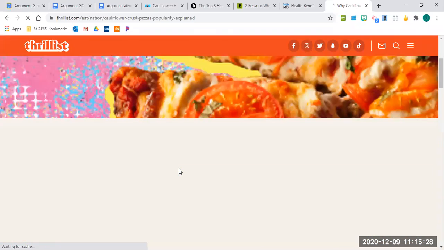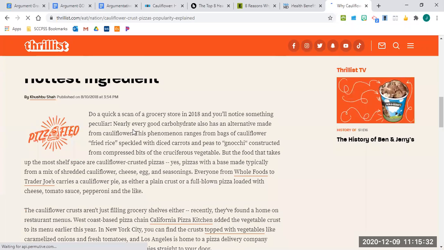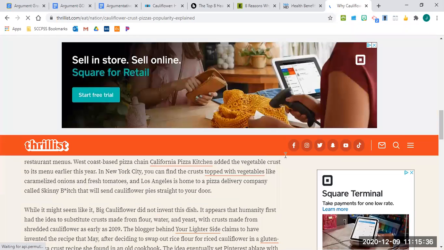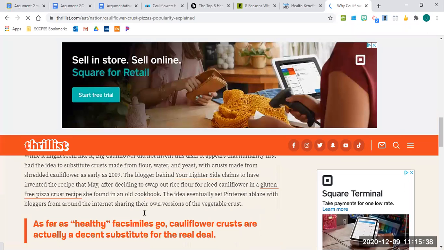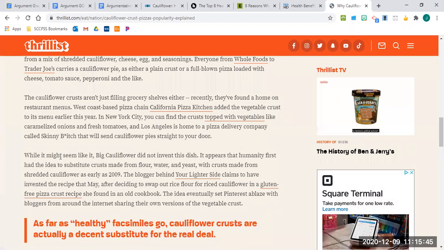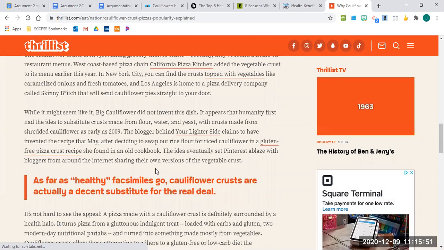Thrillist, not the most educational of websites, but it's still pretty fun. Yep, cauliflower, so great. Hey, damn it. As early as 2009, whoa, the historic year. Their site claims to have invented the recipe.